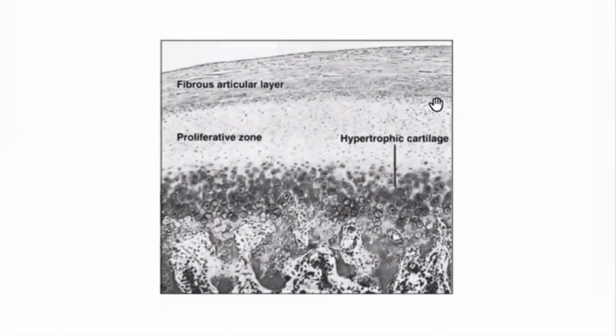In children there is the fibrous layer, the proliferating cell layer, and third the hypertrophic cartilage layer, with larger chondrocytes that get ossified by endochondral ossification to bone.